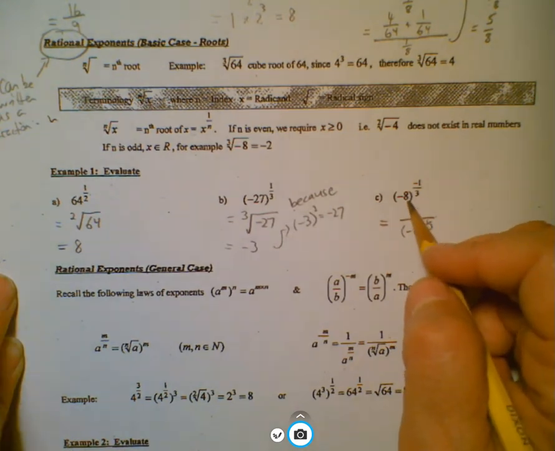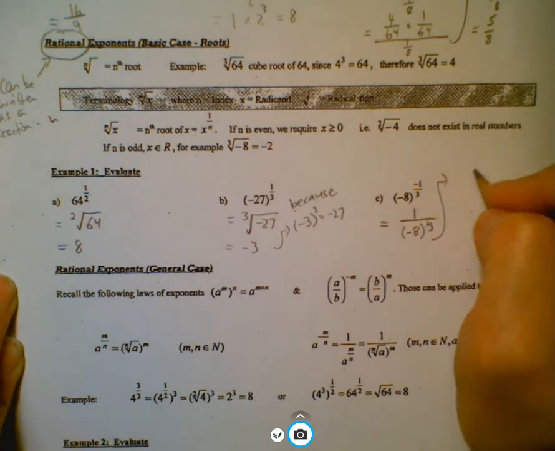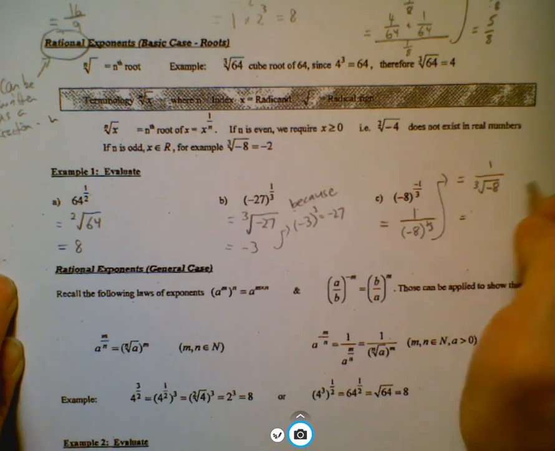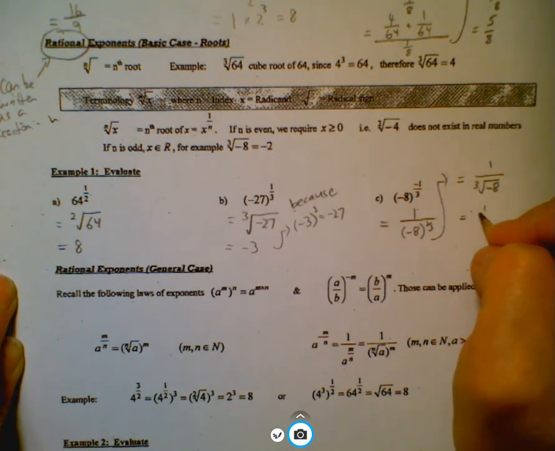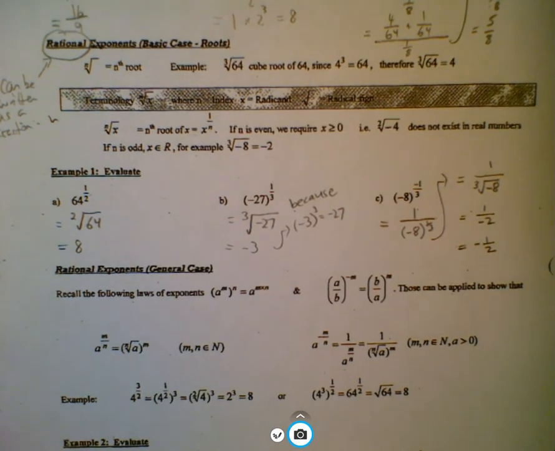It's the base that you take the reciprocal of. So here we have 1 over the cube root of -8. And what number times itself, 3 of them, gives you -8? That would be -2. So it's 1 over -2. And if you don't like to put the negative in the denominator, we prefer to have it either in the front or with the numerator.